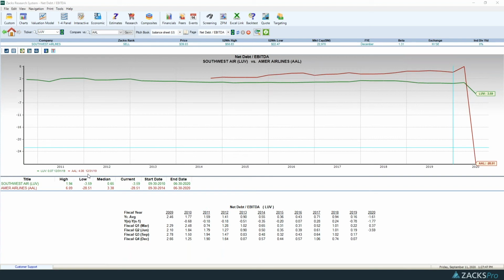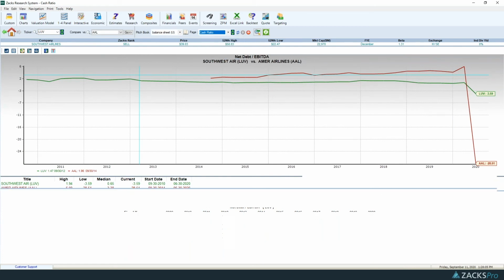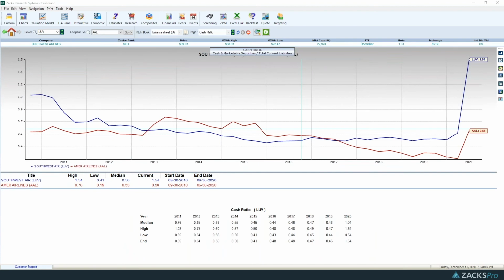And American had a net debt to EBITDA of 4 times. So that's pretty high. So again, overall, if you were looking at the balance sheet relative to income, I would be very, very careful as to be looking at these specific ratios to make the decision as to which company to pick.